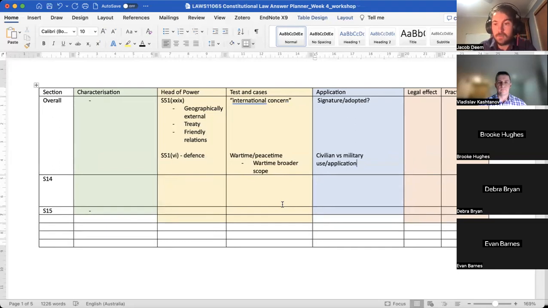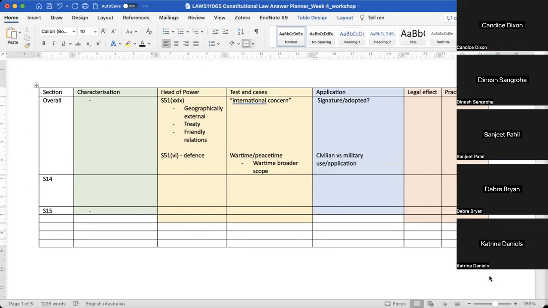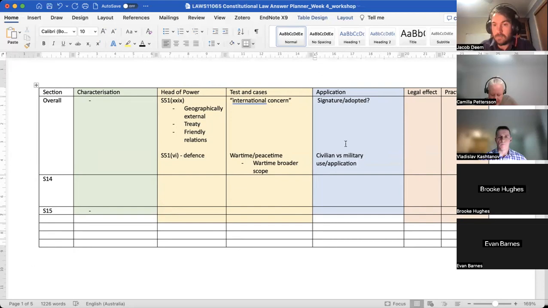I think it's interesting that the defence power is held by the Commonwealth, yet they're sort of delegating the supervisory requirements back to the states. That's a good point.